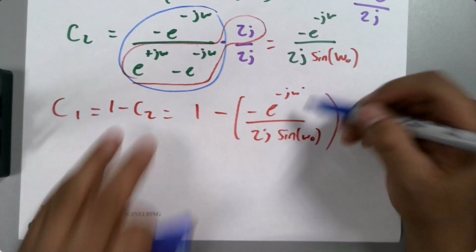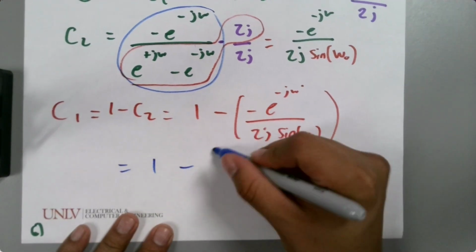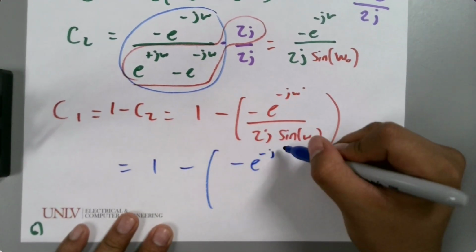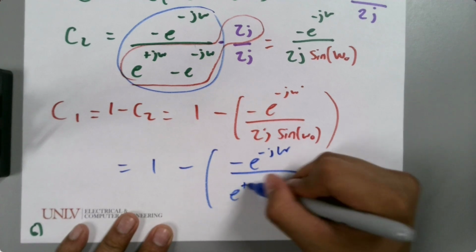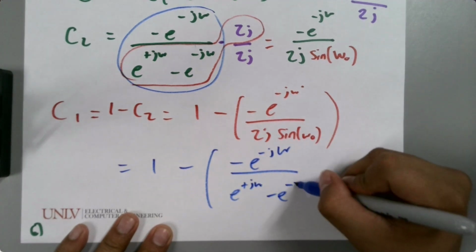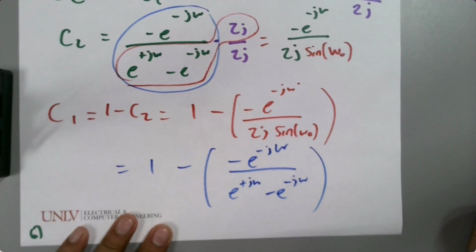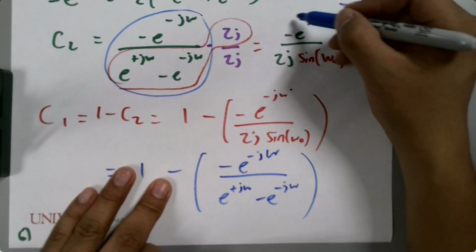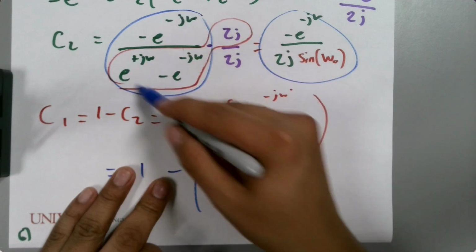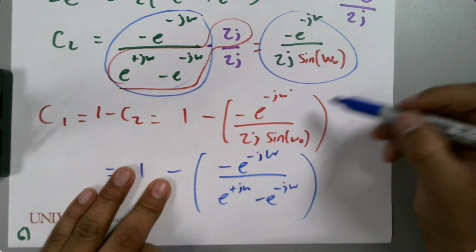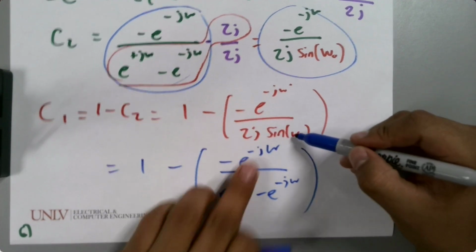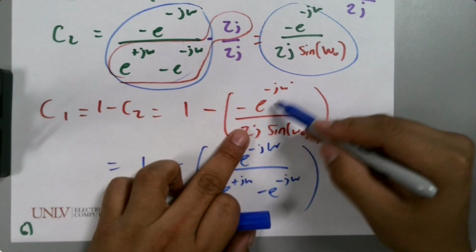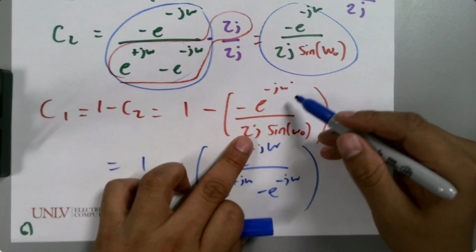Wait, what did you just say? Okay, you know how this right here is equal to this right here? But this kind of looks a little weird. We have exponentials and sines, and that kind of looks scary.